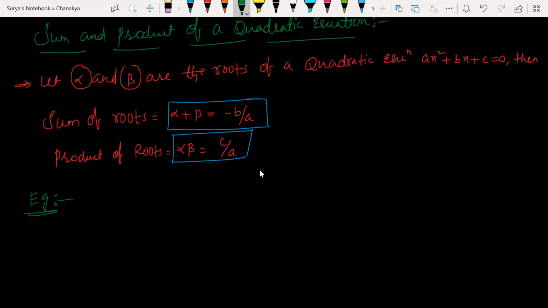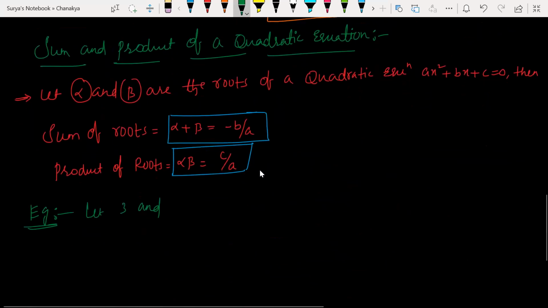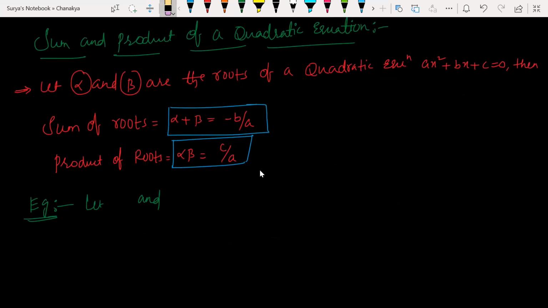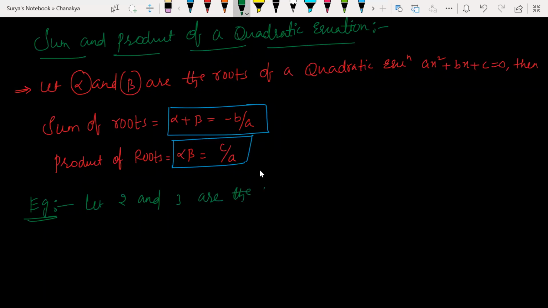See, example. Let 2 and 3 be the roots of a quadratic equation.